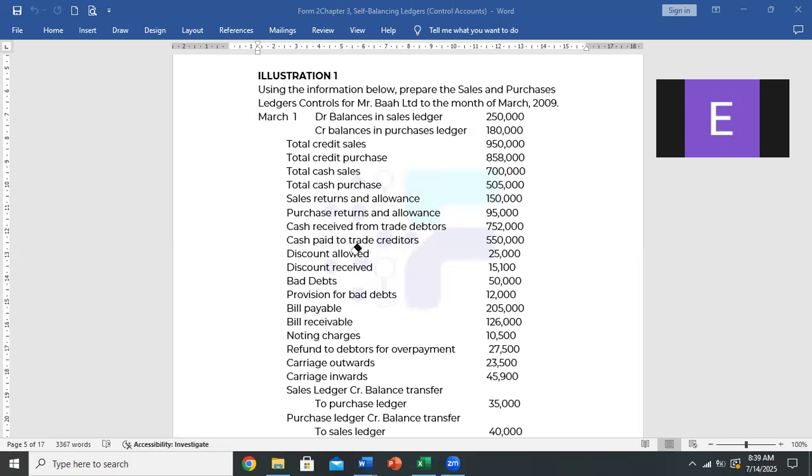The question will give you the items that we have already looked at. What is important is to know that this item affects debtors, this one affects creditors, and put it in the right account. However, there are certain items that will not affect these accounts, and you don't need to record them simply because they neither increase nor decrease the balance of the debtors or creditors we are looking at.